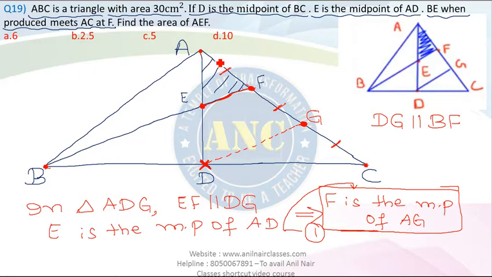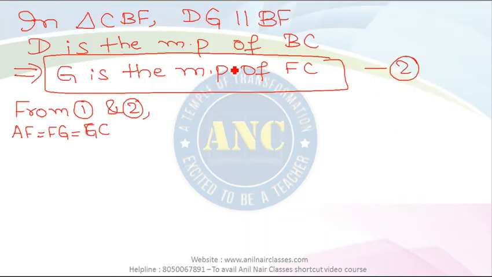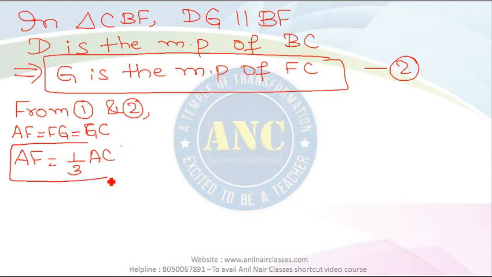In simple language, out of total three parts, first part, second part, third part, which combine together as AC, AF is one part out of it. That means AF can be written as 1/3 of AC. I hope you are understanding once again. AF is nothing but 1/3 of AC.